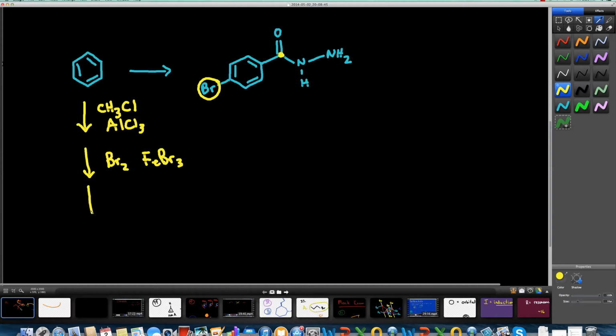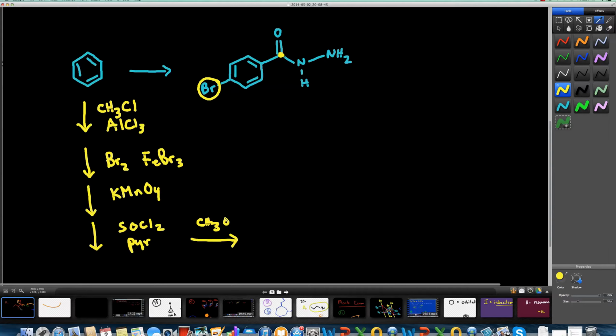We can then oxidize the methyl group with KMnO4 or any kind of oxidizing agent. Once we have the acid, we can convert that to the acid chloride with SOCl2 and pyridine. We can convert that to an ester with methanol.